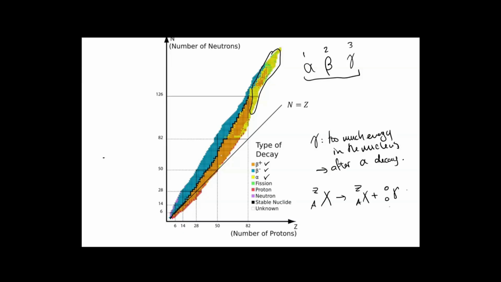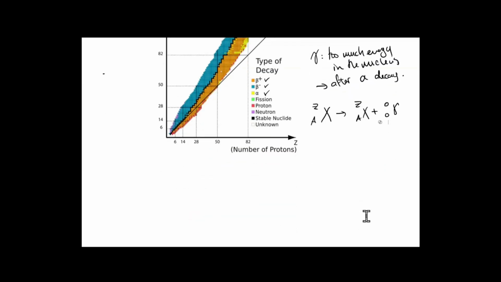It's going to emit a gamma radiation, and it's going to get rid of, I've heard it described as sort of boiling off, the energy that's in the nucleus. So if we have our nucleus here, and there's too much energy, there's energy all over the place here. There's cats living with dogs. It's all madness. It's going to emit in the form of an electromagnetic wave, an alpha particle.